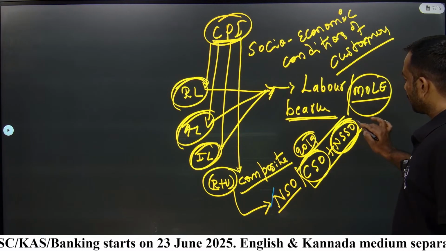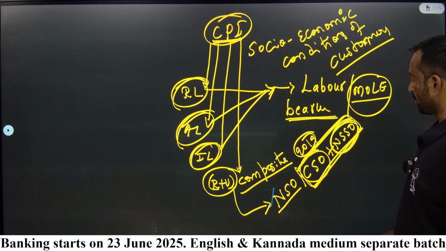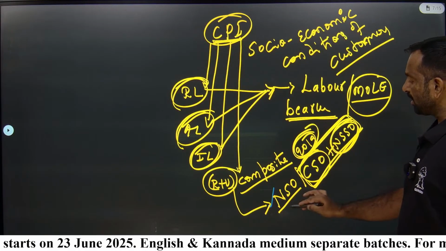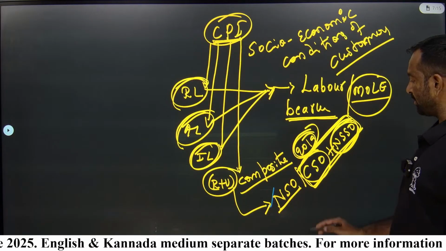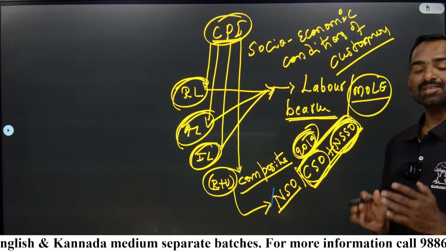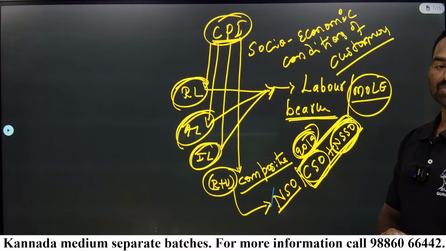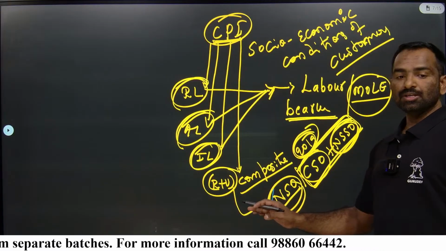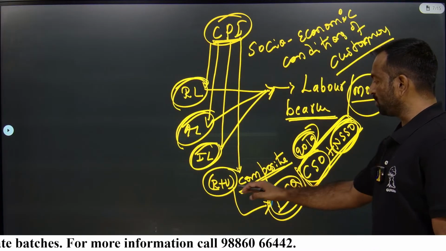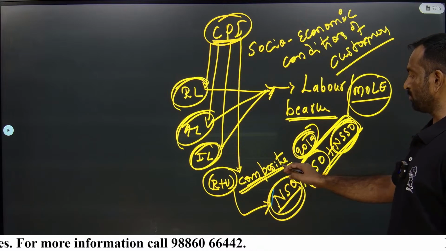Now the NSO is the responsible authority to publish the composite CPI index.